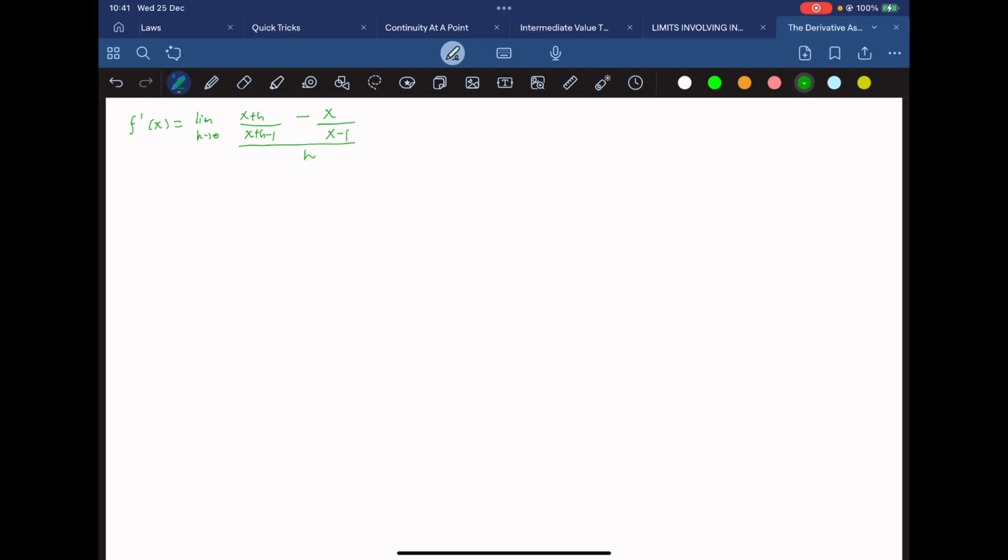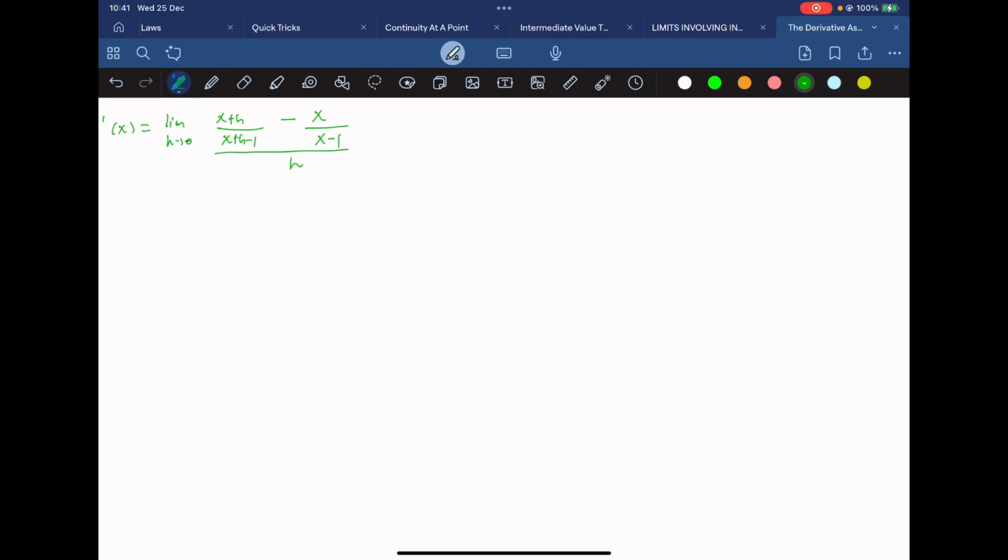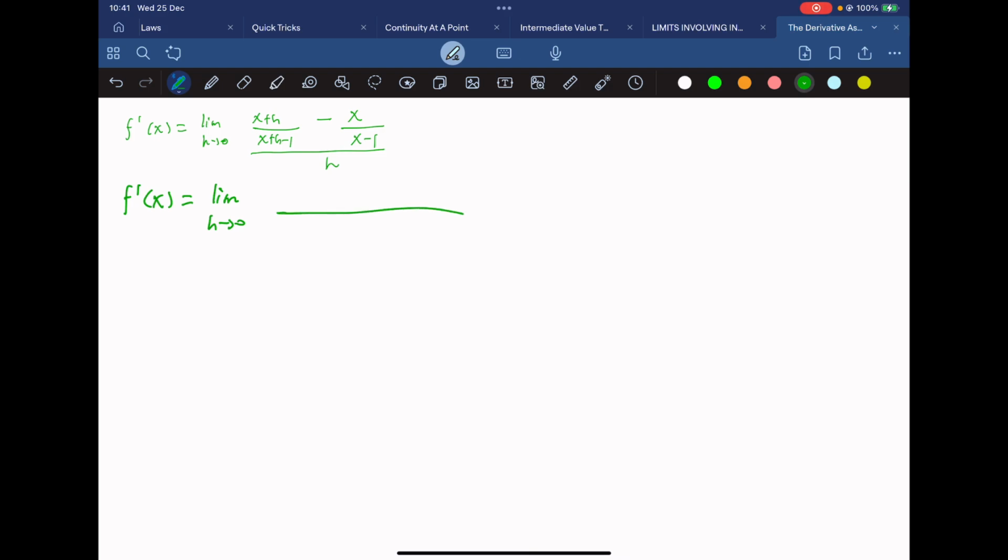Okay, so let's move on. The next step is to simplify this. So we have f prime of x equal to the limit as h approaches 0. Let's simplify the numerator. For the numerator, we can find the LCD. In this case, we have x plus h minus 1 and x minus 1.